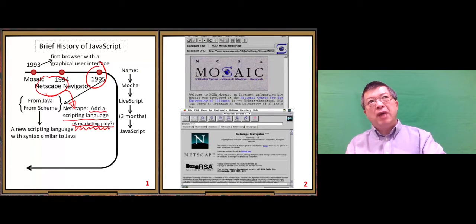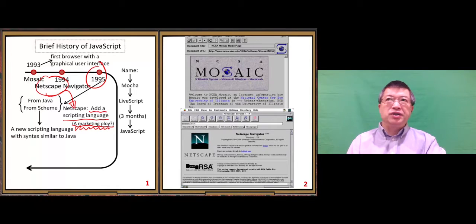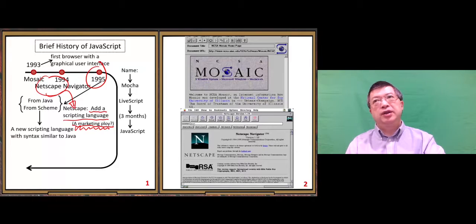For quite some time, I thought in this way. I also believed it was true, but recently, after I studied the history, I realized it's not. It is not a market ploy.